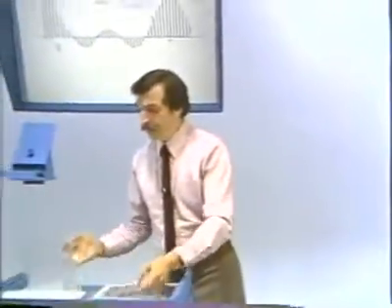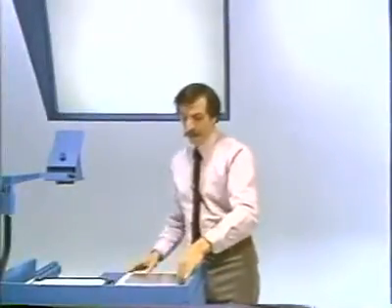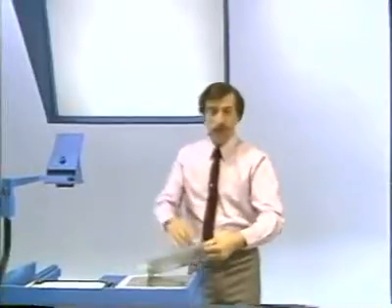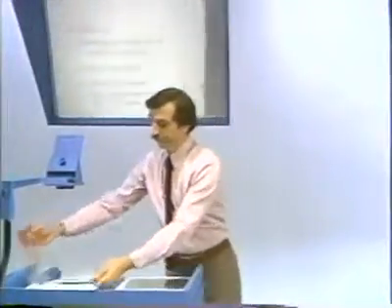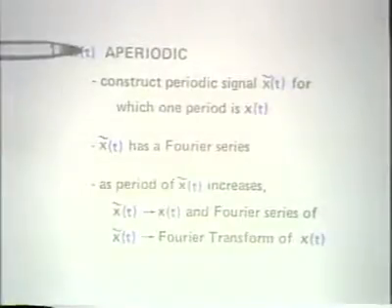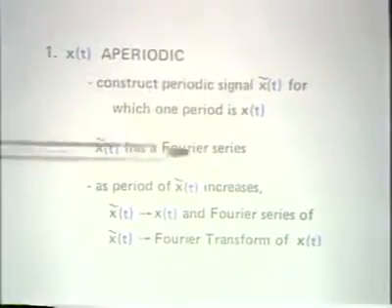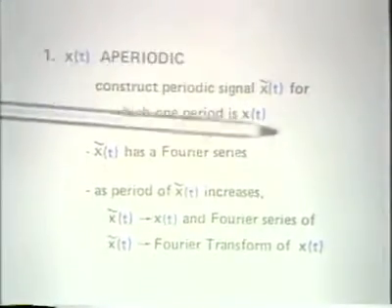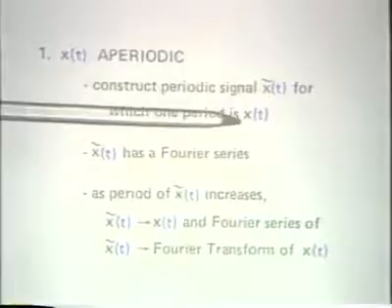Recall that this was essentially the trick we used in continuous time to utilize the Fourier series to provide a representation of aperiodic signals as a linear combination of complex exponentials. In particular, when we had an aperiodic signal, we constructed a periodic signal for which the aperiodic signal was one period.